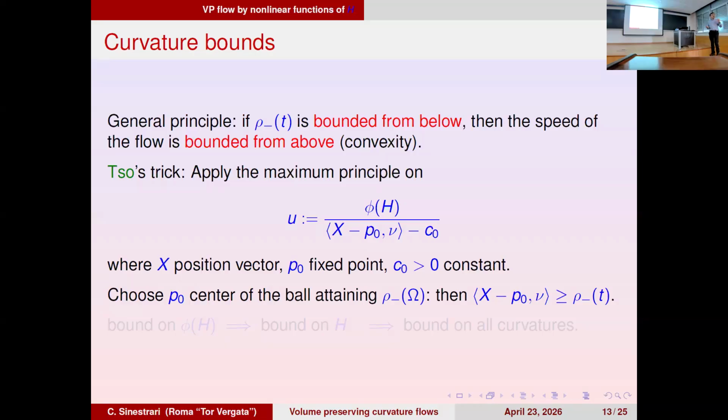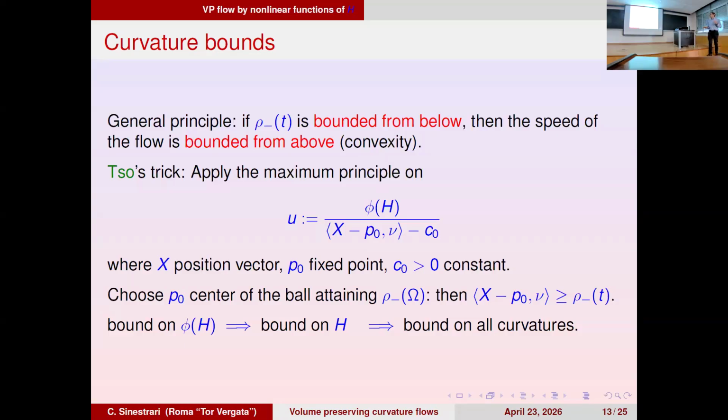We know that rho minus is uniformly positive. Then we can choose C0 small enough so that the denominator remains uniformly positive. Then an easy maximum principle argument shows that this quantity is bounded from above. And since the denominator is bounded from below, the speed is bounded from above.